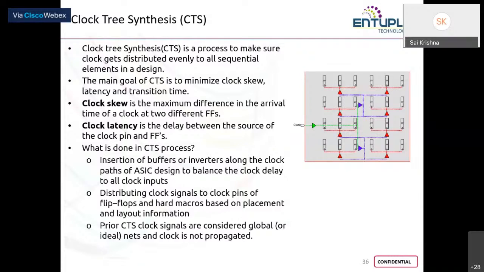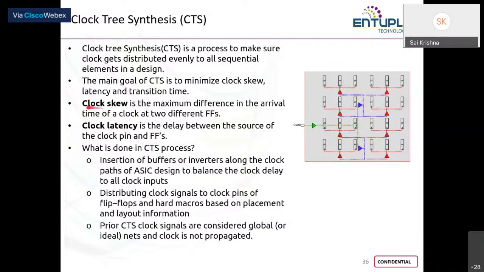Okay, so receiving clock exactly at the same time is practically impossible. There will be at least a minute difference between all of that. So that is why we try to make sure the clock arrives approximately at the same time. When I say approximately, there is a minute difference between clock arrivals.